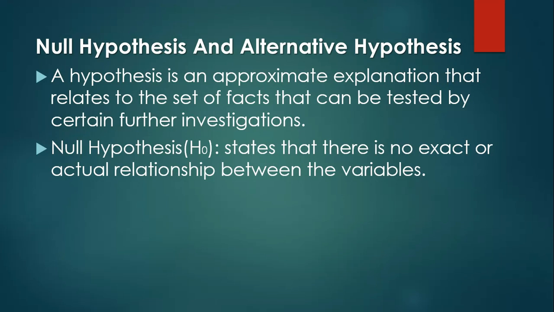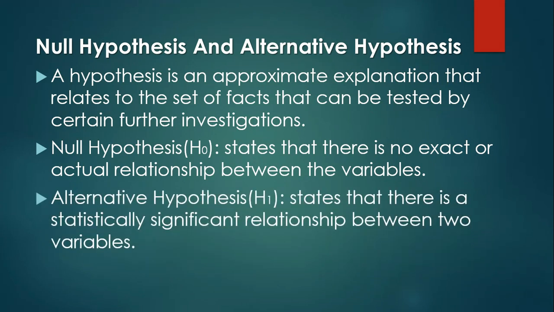The null hypothesis is generally denoted by H0, which states that there is no exact or actual relationship between the variables. The alternative hypothesis is generally denoted by H1, which states that there is a statistically significant relationship between two variables.